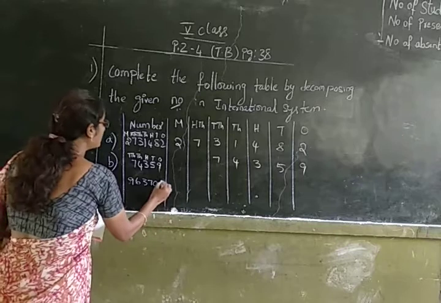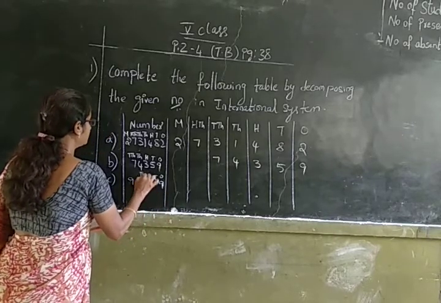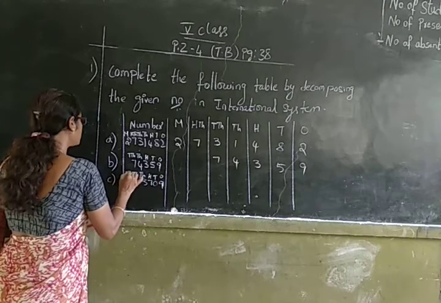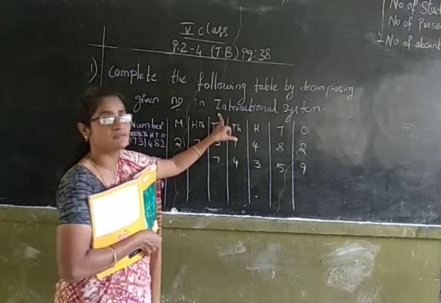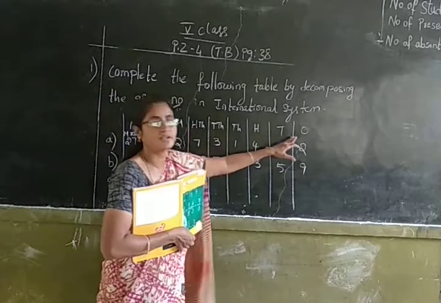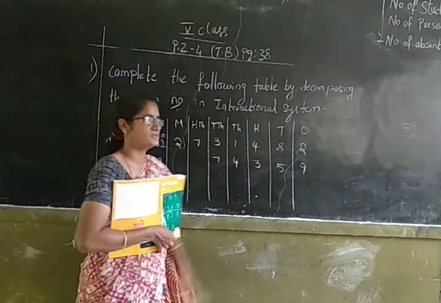Okay. First let us write down the places. Ones, tens, hundreds, thousands, 10,000s. Next 100,000s. So here we have to decompose the number in which system? International system. So I have written the places according to the international system and then I am decomposing the number.